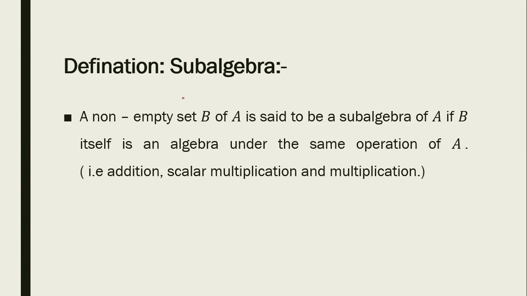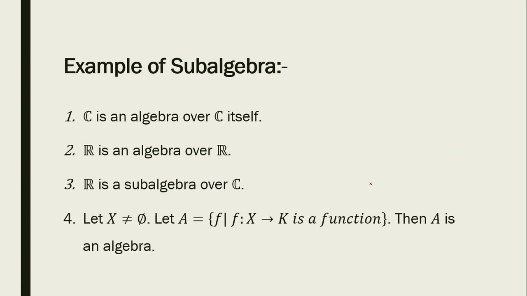Definition: subalgebra. A non-empty set B of A is said to be a subalgebra of A if B itself is an algebra under the same operations of A, that is addition, scalar multiplication and multiplication.